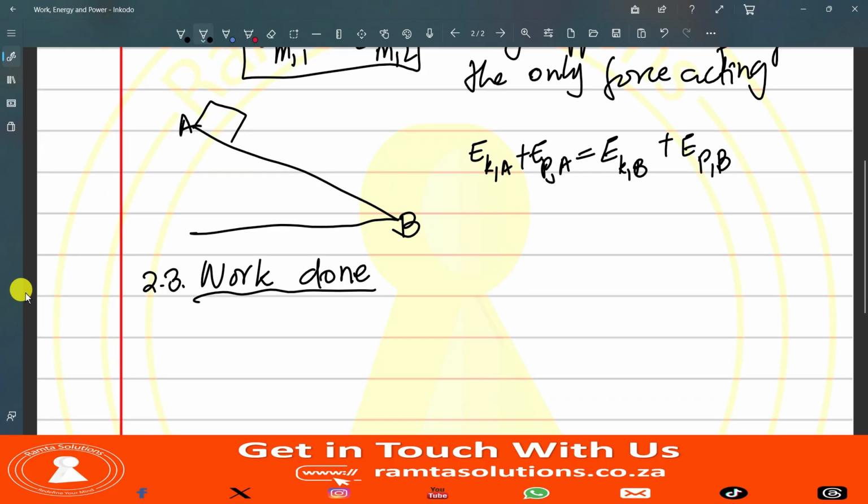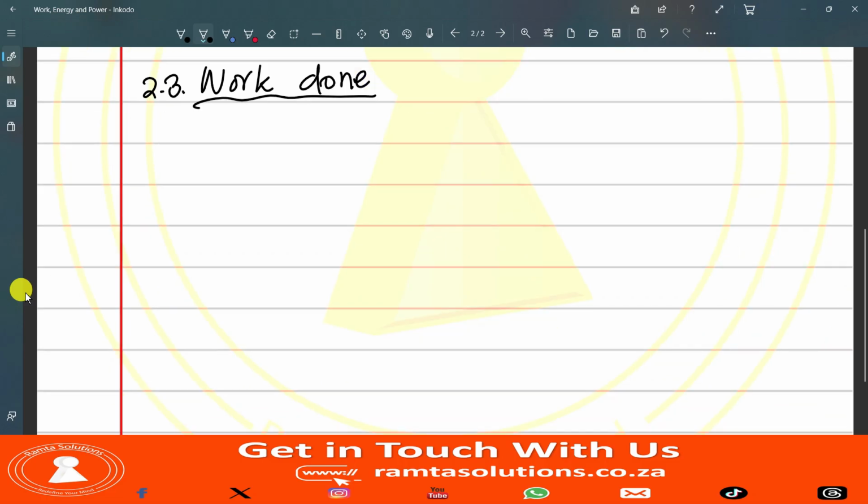Work done is equal to the product of the force applied times the displacement in which the force is applied, multiplied by the cosine of the angle between the force and the displacement.